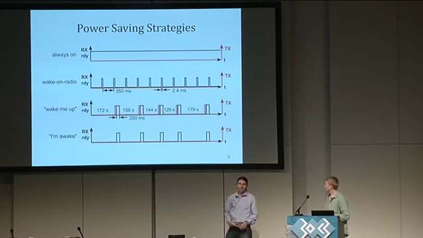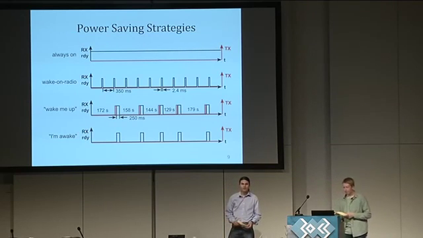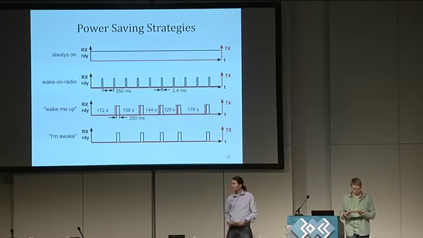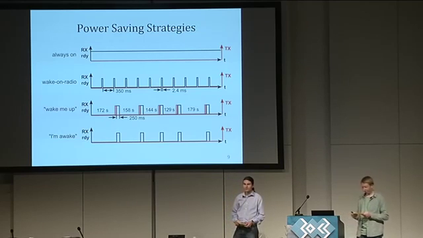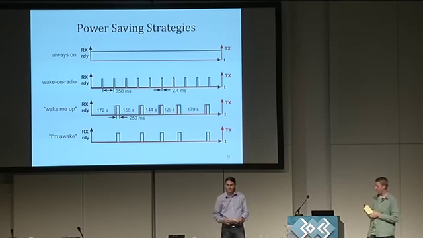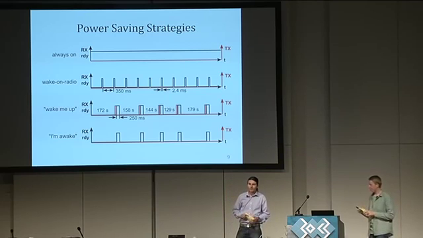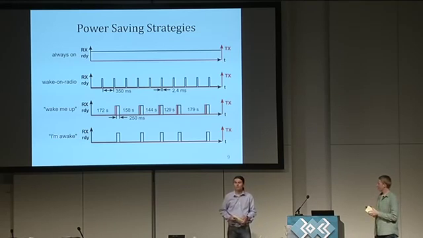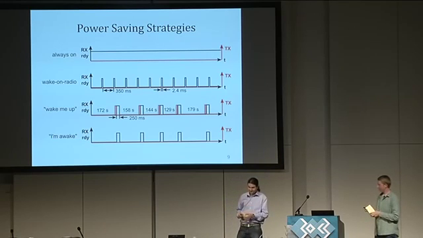Since most of the HomeMatic devices are battery powered, you will need some kind of power saving strategy. The first power saving strategy is called wake on radio, and it works as follows.